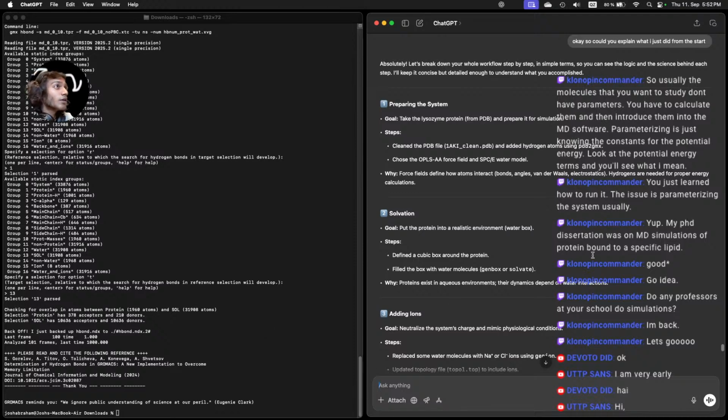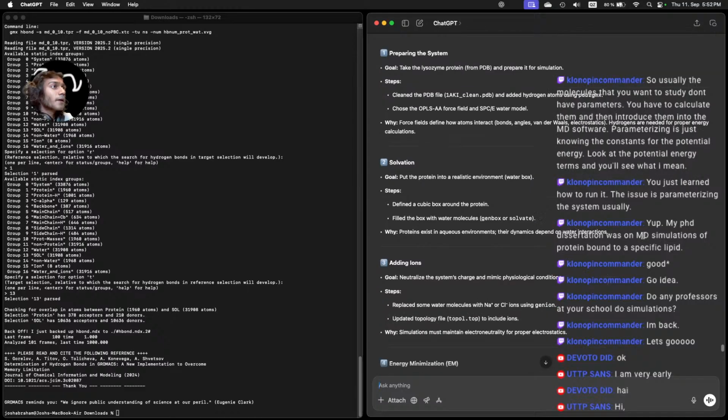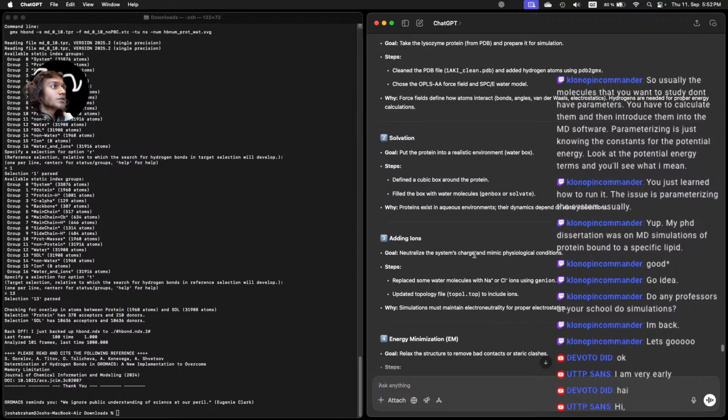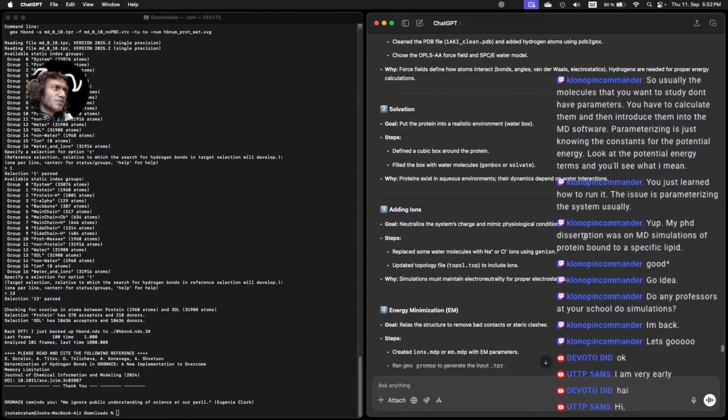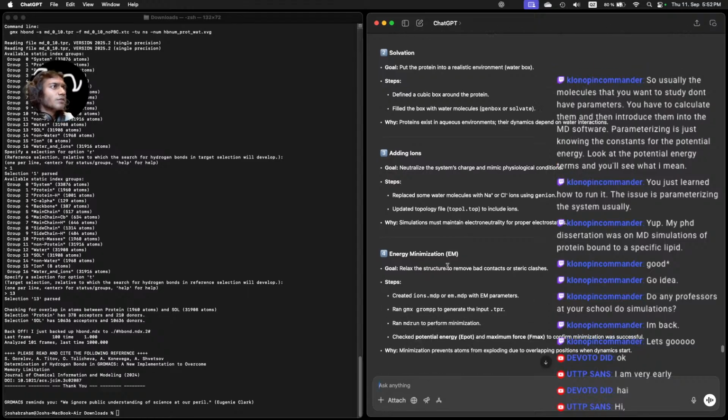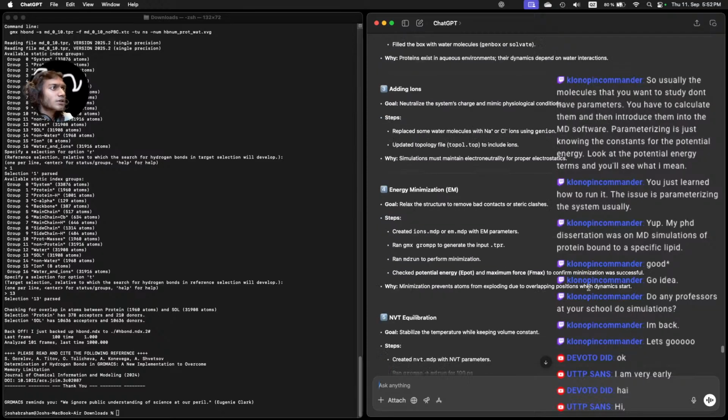I did understand. Take the lysozyme protein, prepare it in a simulation, put the protein in a realistic environment, adding ions, neutralize the system charge, and mimic physiological conditions. Relax the structure to remove bad contacts and steric clashes.